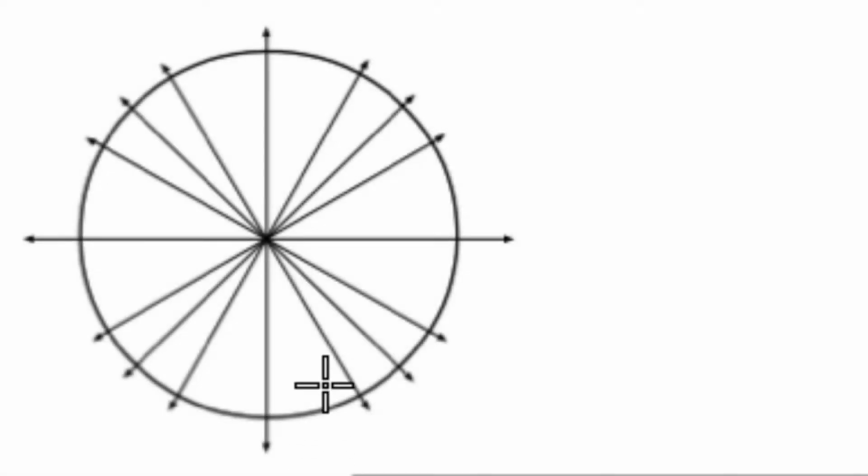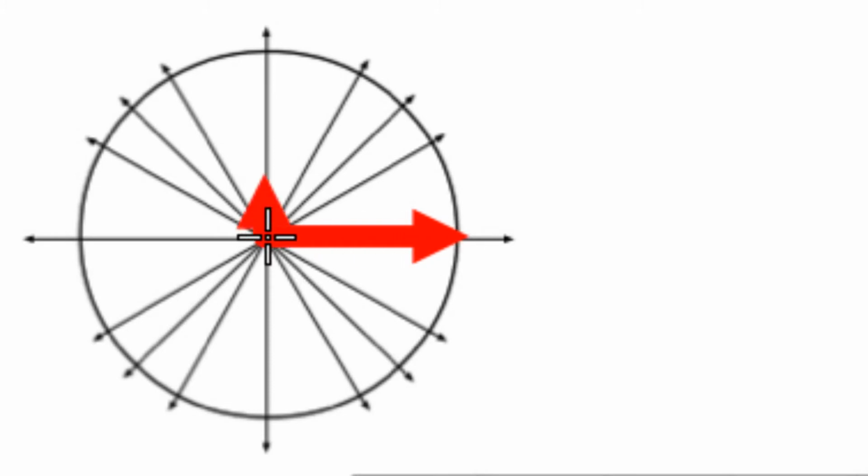Using the unit circle, we can easily pick out a number of values for some very common angles. So for instance, 0 degrees. Let's take a look at 0. The x value is 1, the y value is 0. So the sine of 0 degrees is 0. The cosine of 0 degrees is going to be 1.